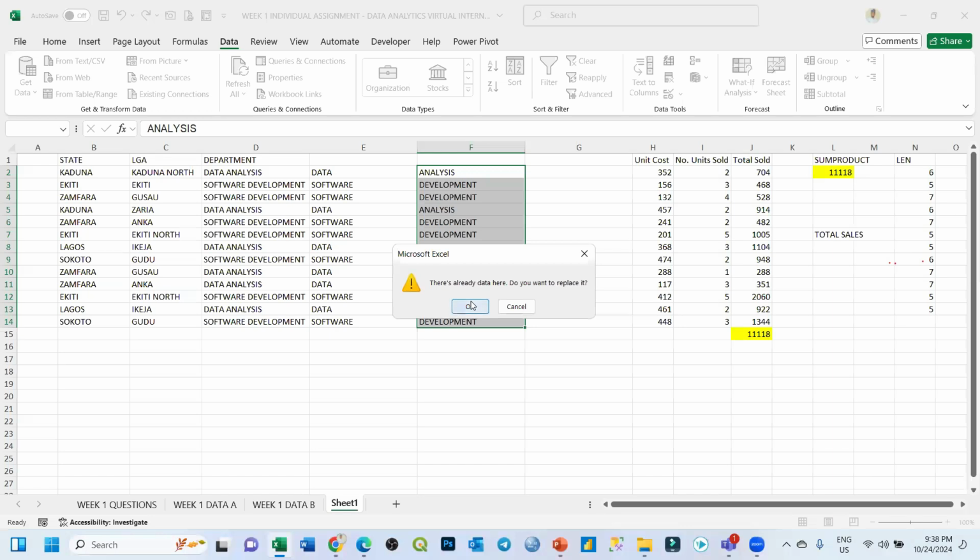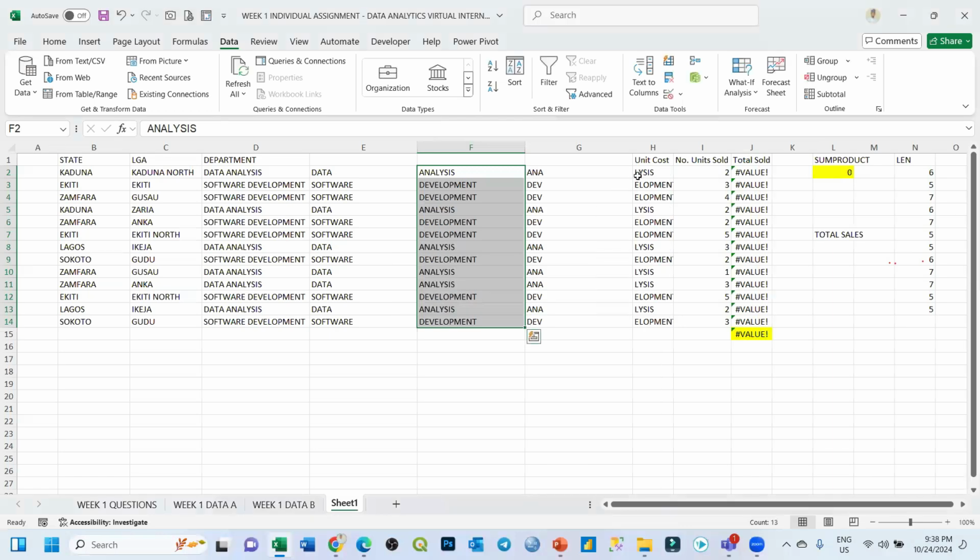Look, it will ask me to override because I have unit cost there. So I just click OK and look at it here. It's just separated for us based on the fixed width that we clicked on. So we have these three values here and we have this here. So this is what text to column did for you: to separate two or more values that you have in one cell into different cells.